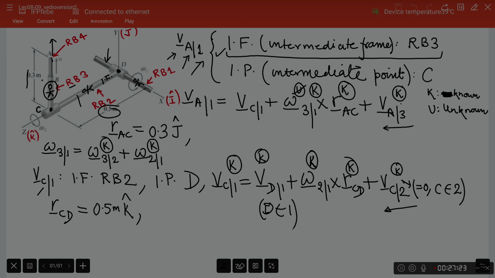Now if Vc1 is a known quantity, let me call this equation 1 and let me call this equation 2. Once we have found Vc1 in 2, we go to equation 1 and mark this also as a known quantity, and then you realize that the entire right hand side of equation 1 is known. It implies that Va1 is also known.